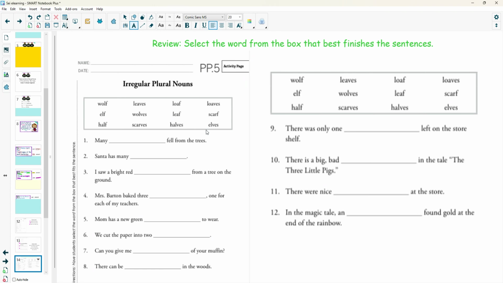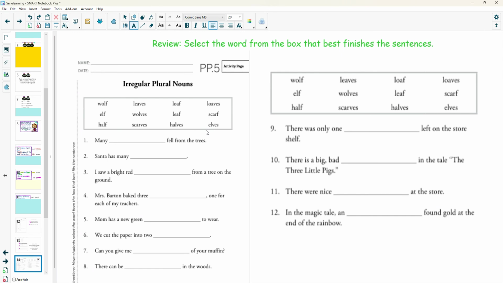Number 8, there can be blank in the woods. Number 9, there was only one blank left on the store shelf. Number 10, there is a big bad blank in the tale of the 3 little pigs. Number 11, there were nice blank at the store. Number 12, in the magic tale, an blank found gold at the end of the rainbow.